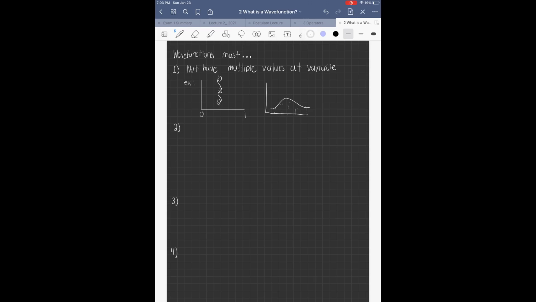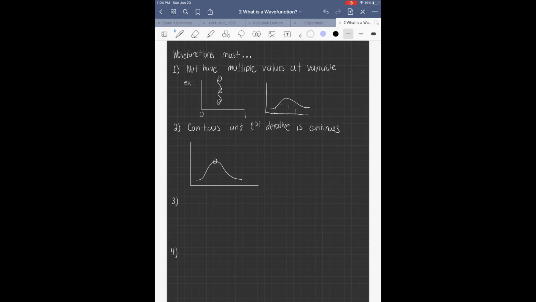Now let's go on to the next one. It must be continuous, and its first derivative must be continuous too. Let me show you an example. Say you have a graph of a wave function with an empty spot here.